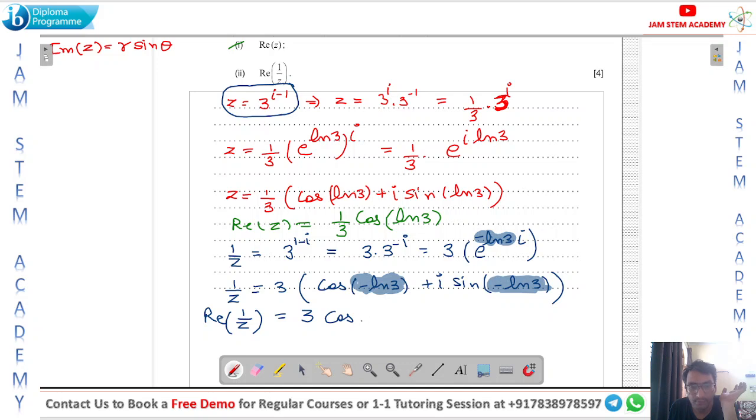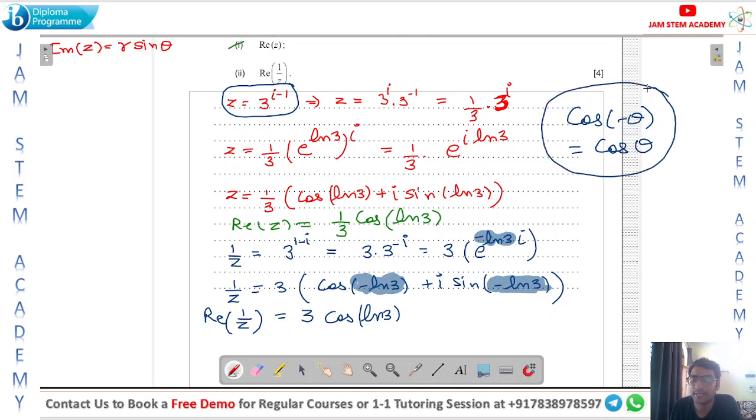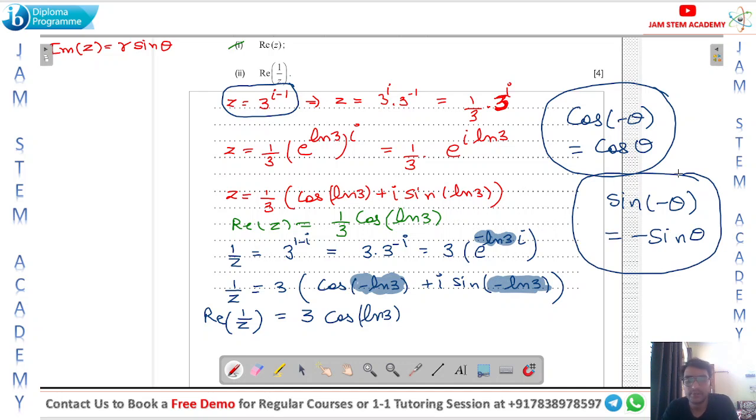Why? Because cosine of negative theta is the same as cosine theta, it loses the negative sign. But sine of negative theta becomes negative sine theta. These are the properties of trigonometric functions. So here we have cosine theta, and that's our answer for this question.